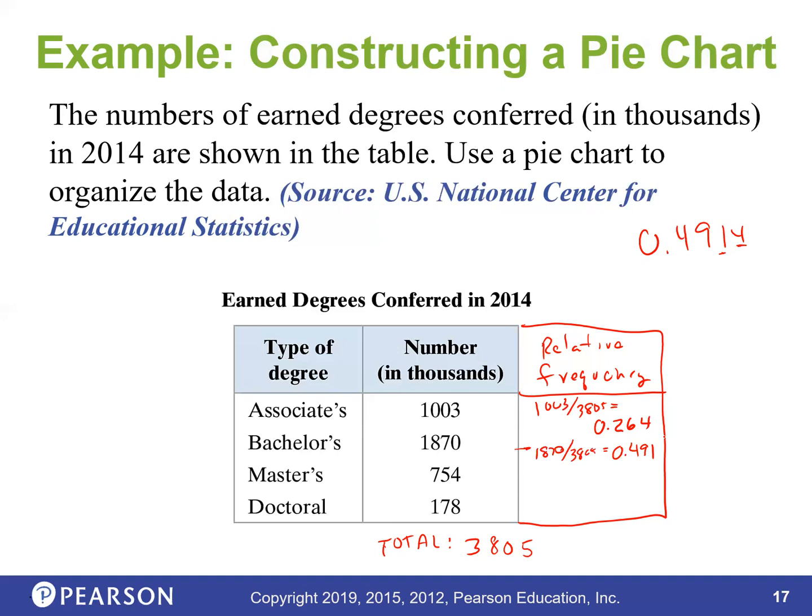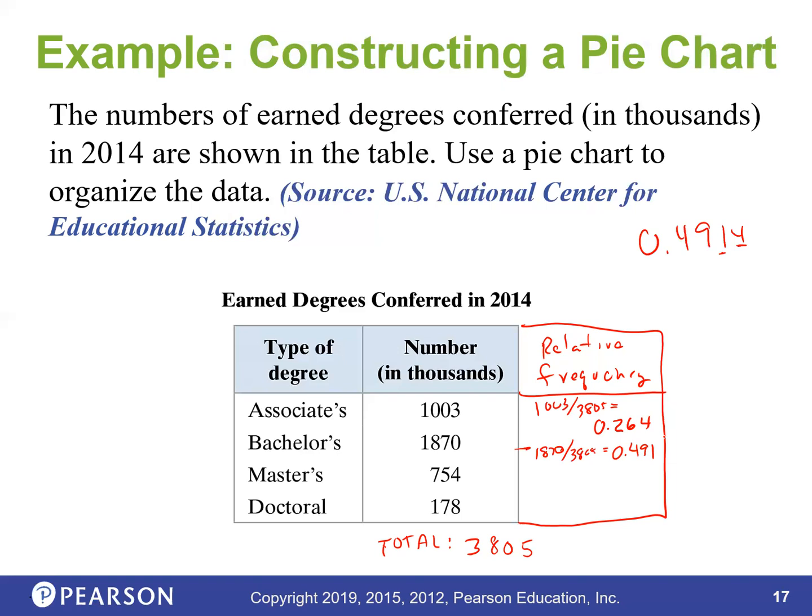754 divided by 3,805. Right? Yeah. Sorry, go ahead. Talk to me. Okay, because I did the same calculation and I got a different number. Oh, sure, yeah. So it's one at a time. So 1,003 divided by 3,805. Is that better?